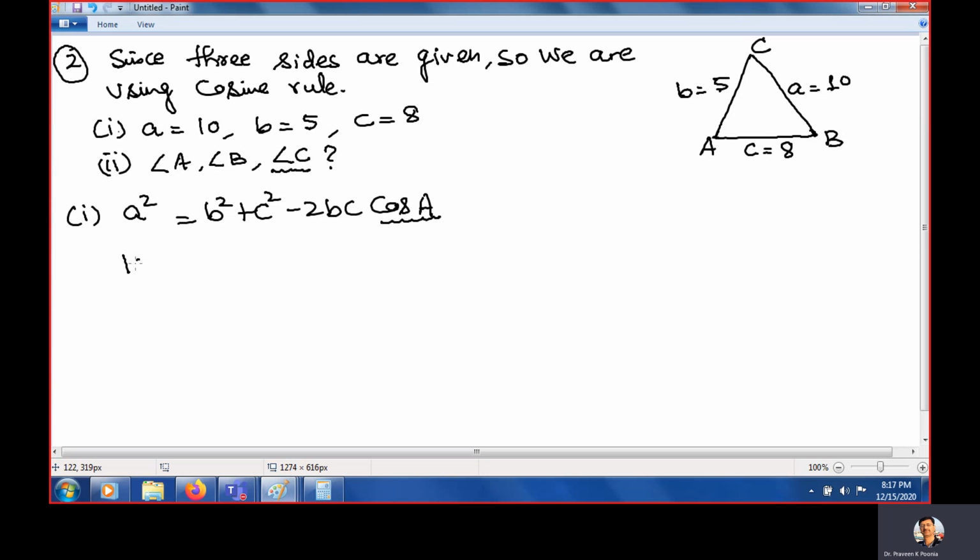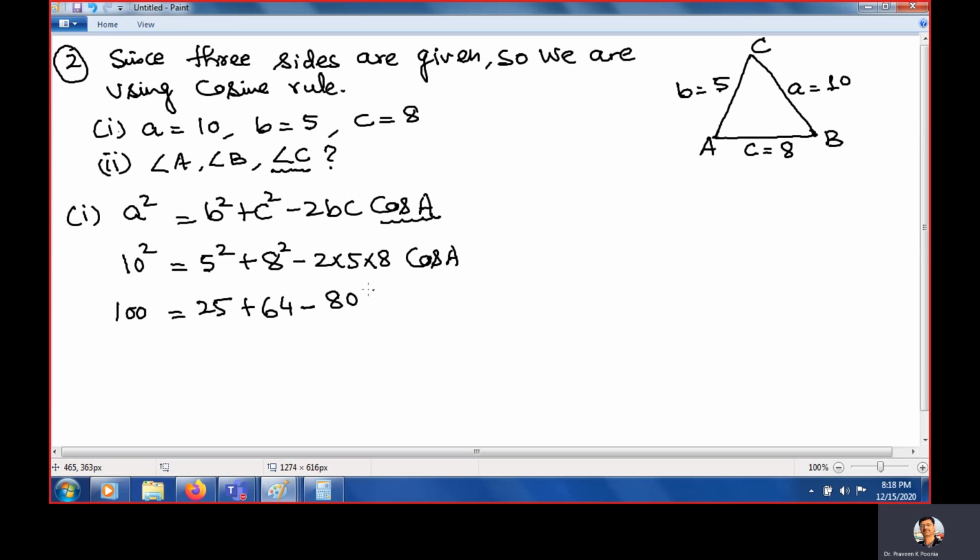A is 10 power 2 equals B is 5 power 2 plus C is 8 power 2 minus 2 times 5 times 8 cosine of A. So it is 100 equals 25 plus 64 minus 80 cosine of A. So what is the value of cosine of A?